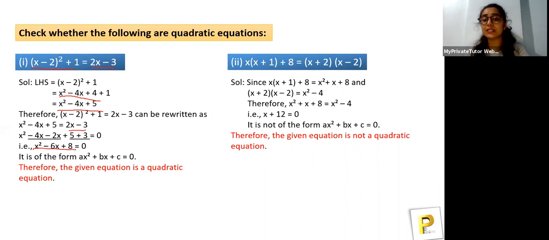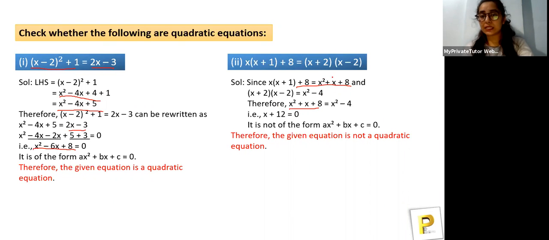So what we did is we simplified it, and x plus 2 and x minus 2 will be as it is. Now in this part, we simplified this part as well. So this becomes x square plus x plus 8.